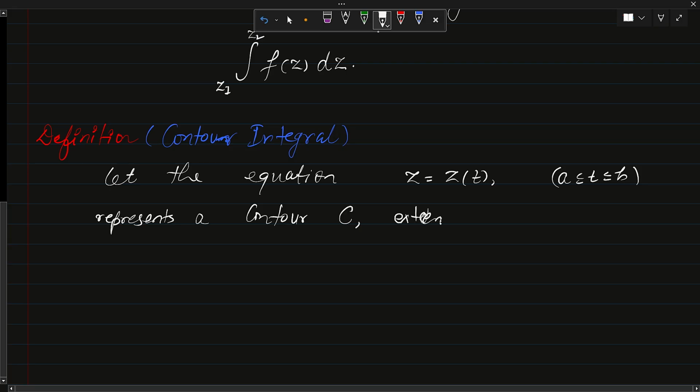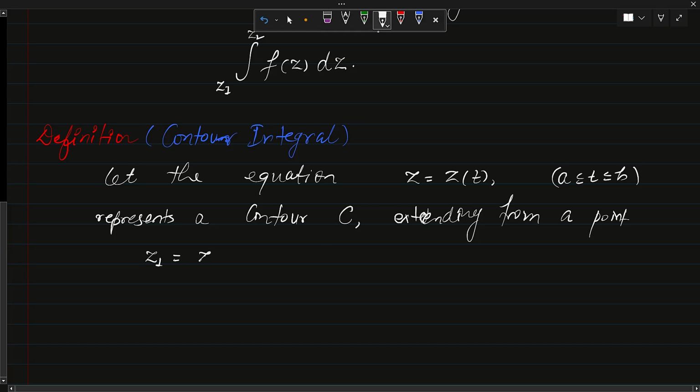Okay, and this is extending from a point. Now what was that point? z1. Now z1 is the initial point, so the initial point will correspond to t equals a. We are starting from a and ending with b. So when we put t equals a we get z1, and when we put t equals b we get z2, and that contour is the same path which is joining z1 and z2.